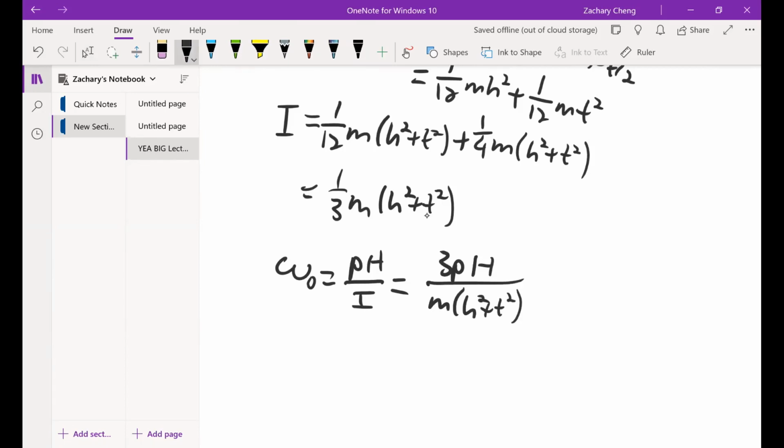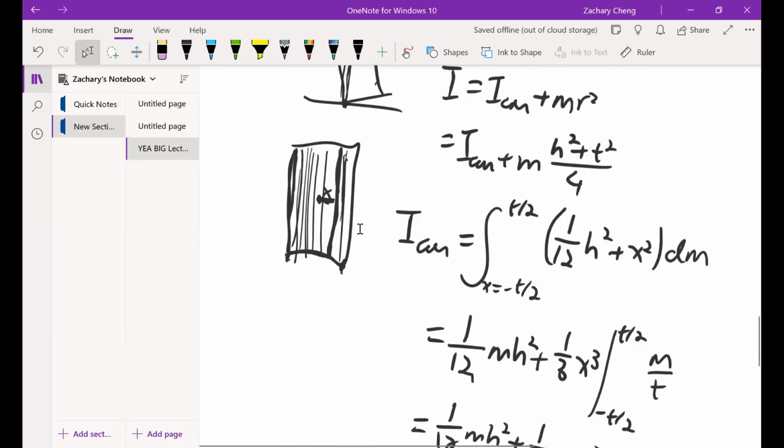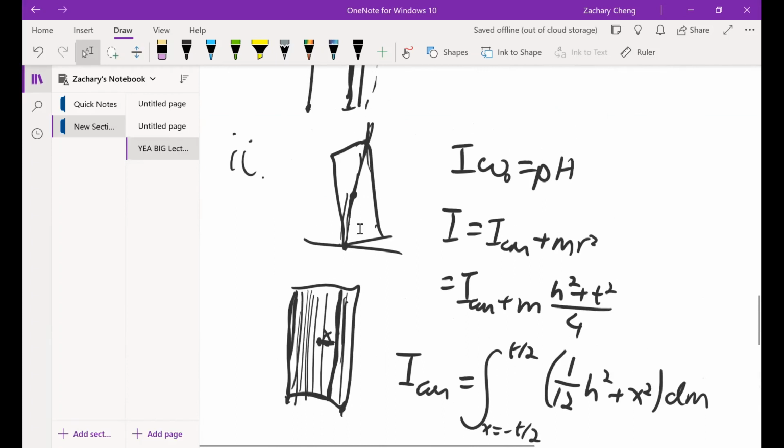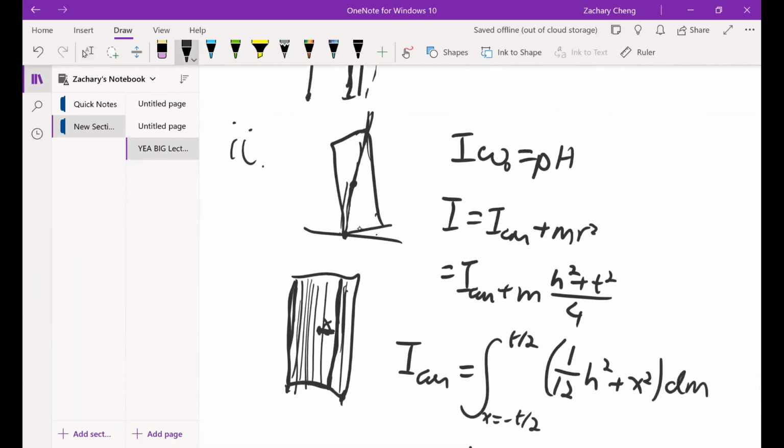Okay, so now we found the angular velocity of the domino, its rotation after giving it the impulse, is this omega 0. So when it rotates, it's going to have a rotational kinetic energy. And we also notice that the center of mass lifts up from originally being somewhere here to here.